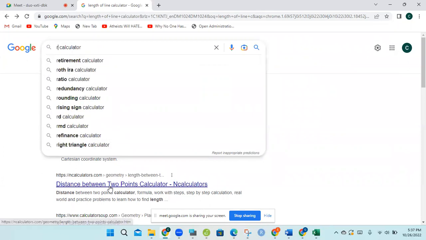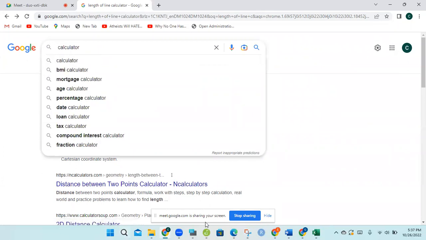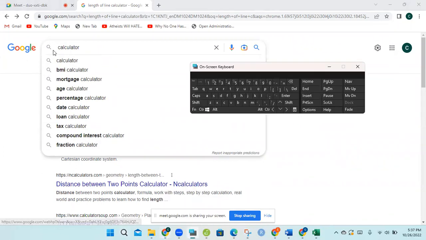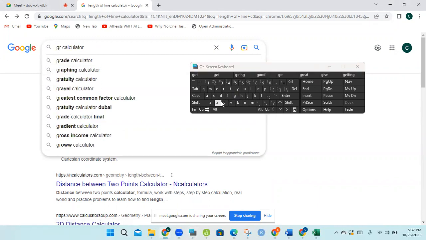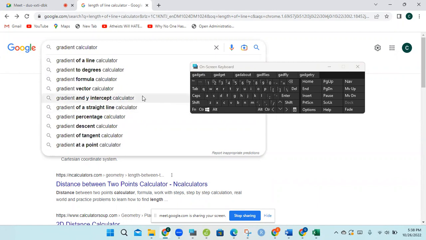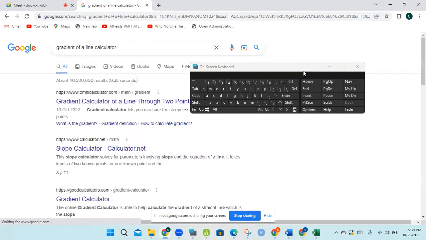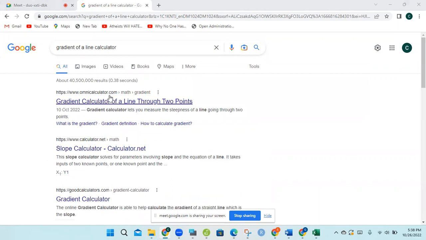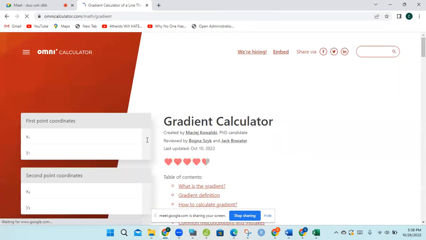Let's check it out to see. Gradient calculator. I'm sure probably there's a midpoint calculator too. You'll be surprised what you can get on the internet. Gradient of line calculator, here it is. Gradient calculator, a line through 2 points. Here is the gradient calculator.